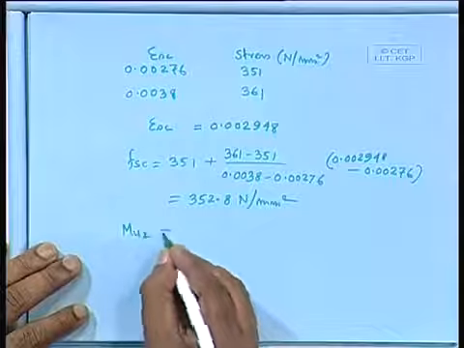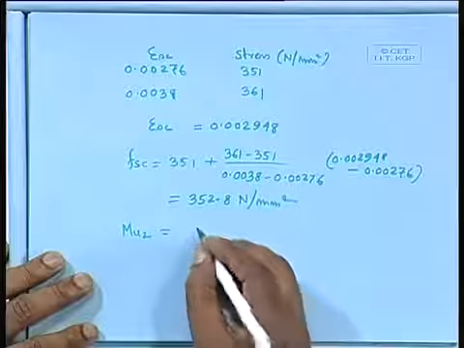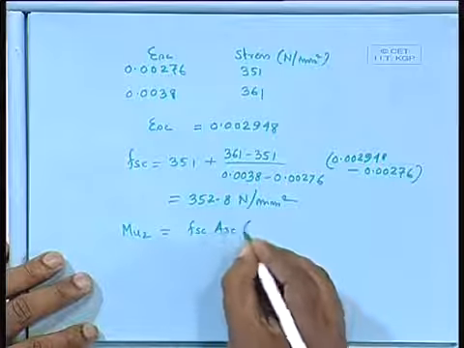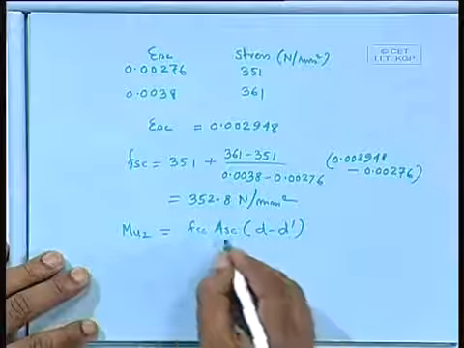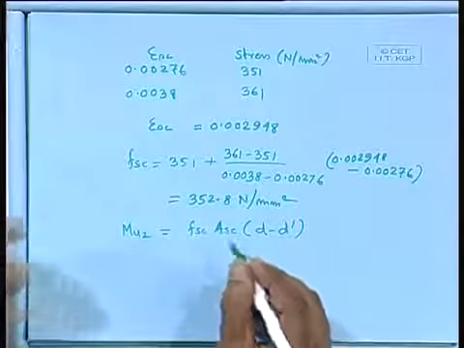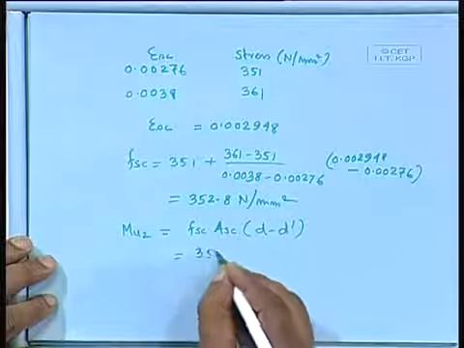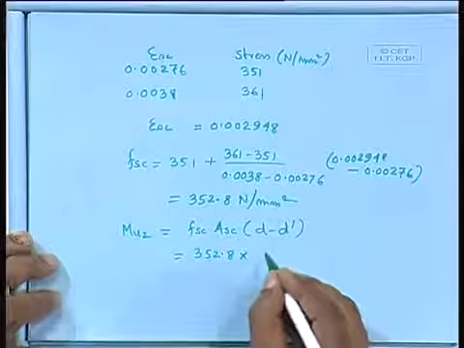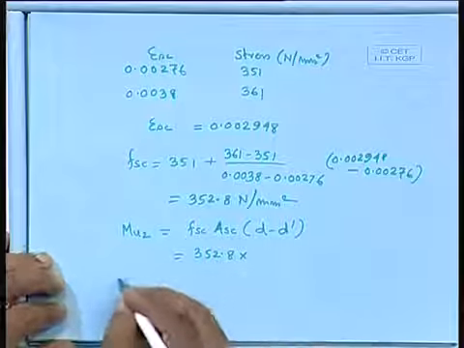Mu2 equal to fsc Asc d minus d dash. fsc is the force in the compressive steel multiplied by the lever arm, which comes as 352.8 multiplied by Asc. What about Asc?